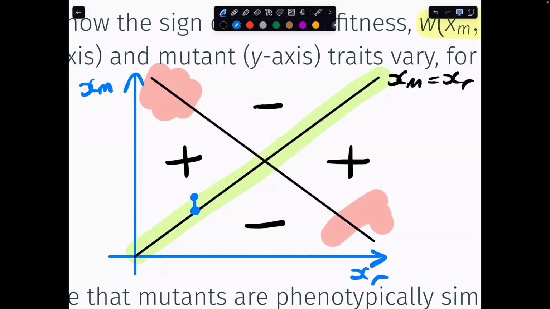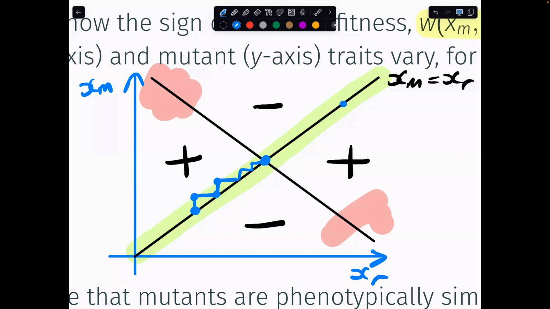If that's the case, then it will be able to invade. And then we can repeat the process. Imagine a mutation has a slightly higher value of XM. Can it invade? Yes. And then you can carry this process on until you get to this point here. This intersection between these lines is our singular strategy.